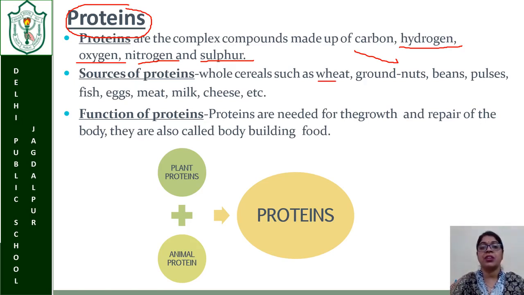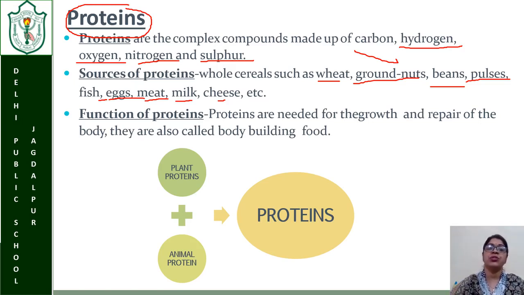Cereals like wheat, groundnuts, beans, pulses, fish, eggs, meat, milk, cheese. Like fats, proteins also we get from plant sources as well as animal sources. So both sources of protein are useful to us. Then only we get the appropriate amount of protein for proper growth and maintenance.